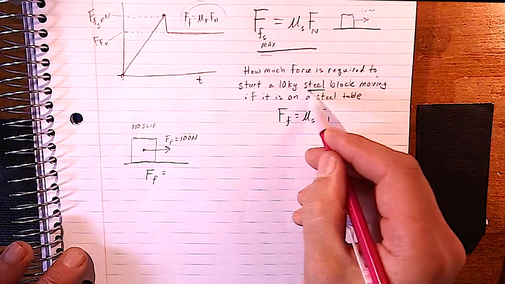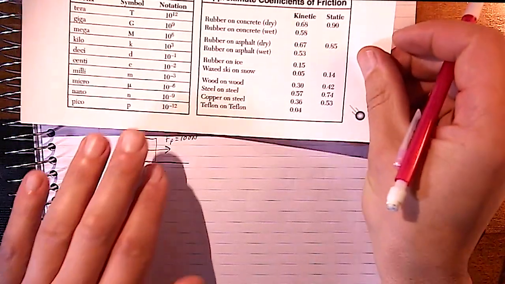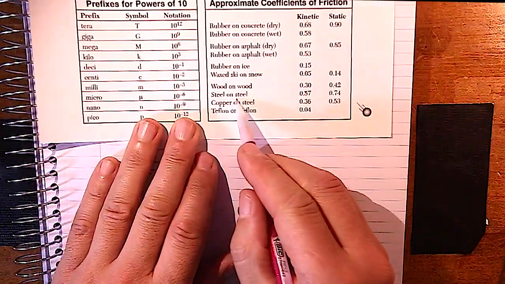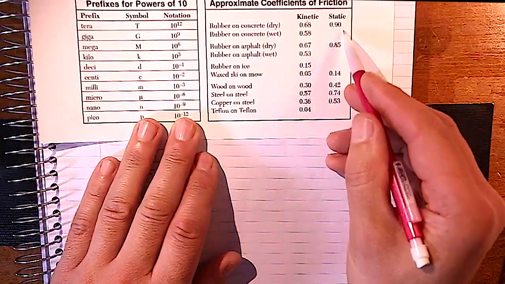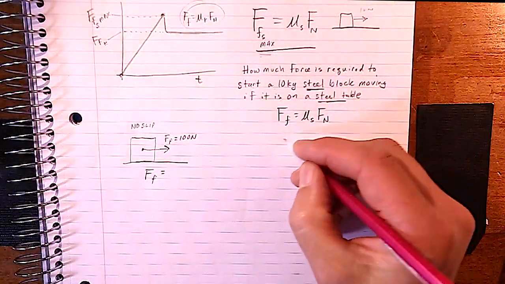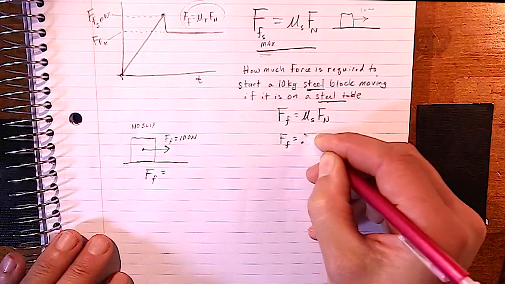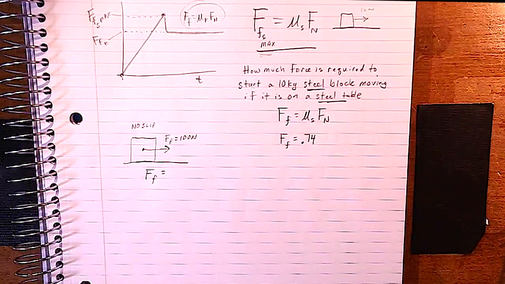Now, it told us it's a steel block on a steel table. So we need to look at steel on steel, and we're doing this for static, so that's 0.74. So we have Ff equals 0.74, there's no unit, times the force normal.